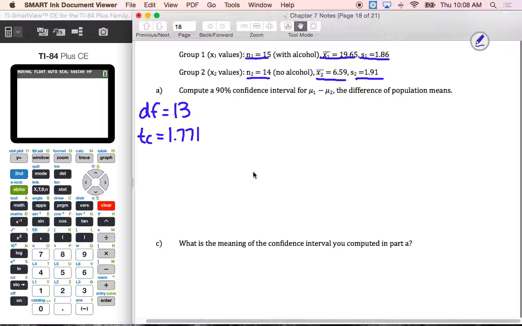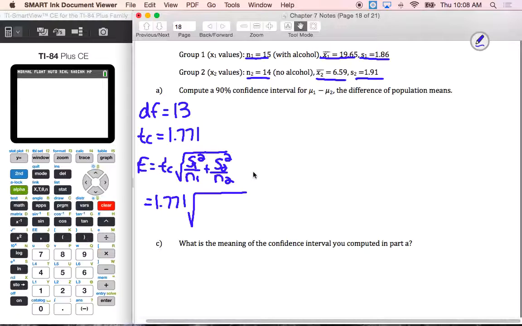So now we've got our E. Okay, so I have 1.771 times the square root of S1 of 1.86 squared over our N of 15, plus S2 of 1.91 squared over our N of 14.